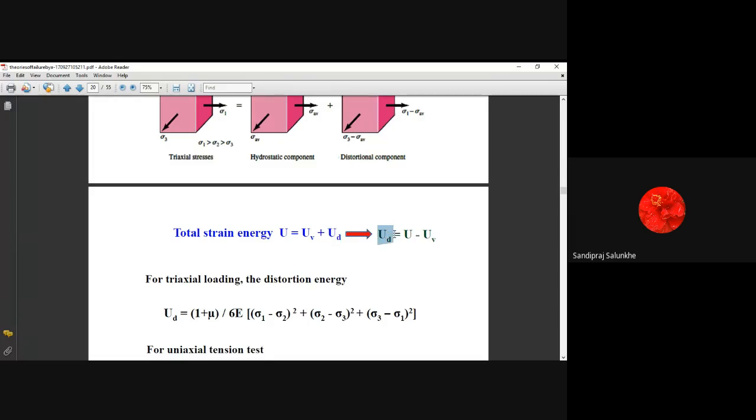So this value is calculated, and this is the total strain energy. If this total strain energy exceeds its limit, then failure is going to occur. So in detail, we'll see this theory in the next lecture. We just had time, and that point had to be discussed, that's why I discussed it.